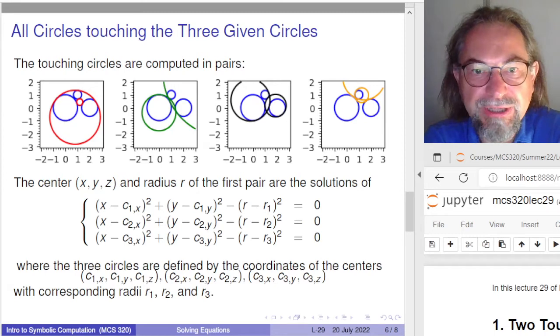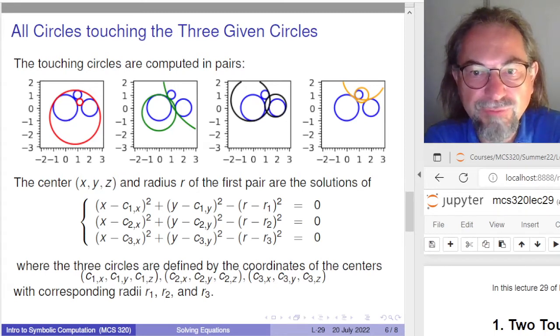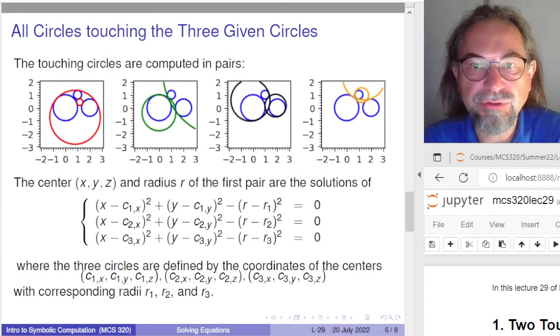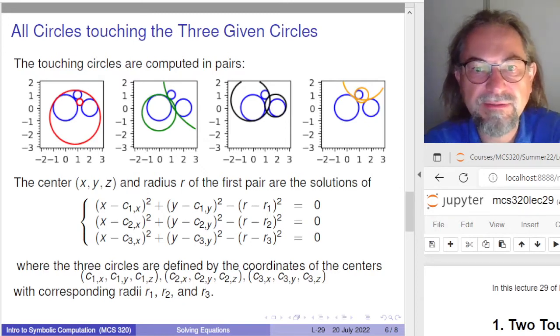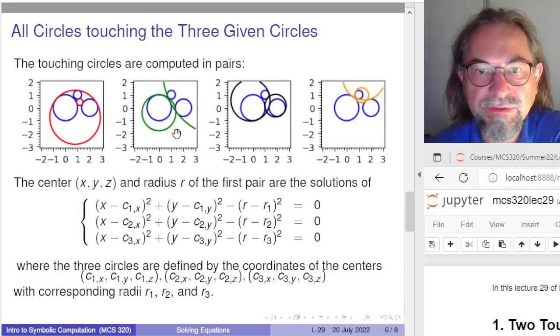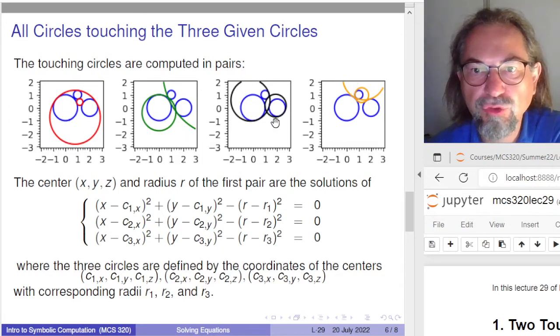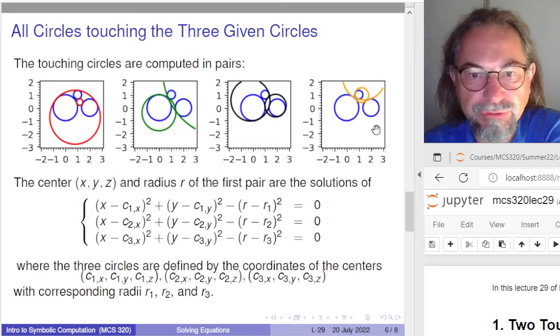So there are 3 variables and we have 3 equations. So typically this leads to only isolated solutions. So you can see that the system here has two red solutions, 2 green solutions, 2 black solutions, and then 2 orange solutions.